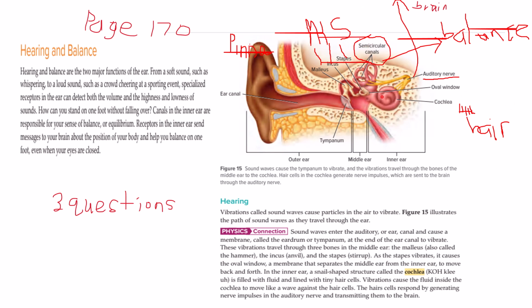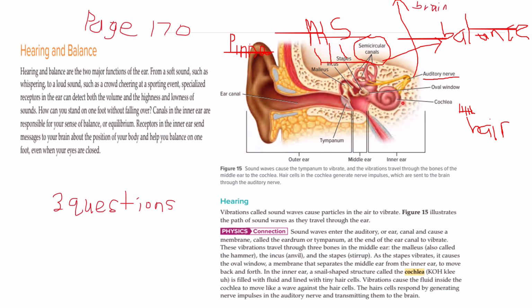The semicircular canals are mainly responsible for balance, because the fluid present inside them gives your balance, signaling on the posture, like how you balance the head with the posture.